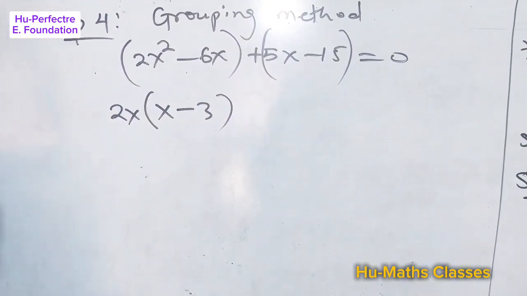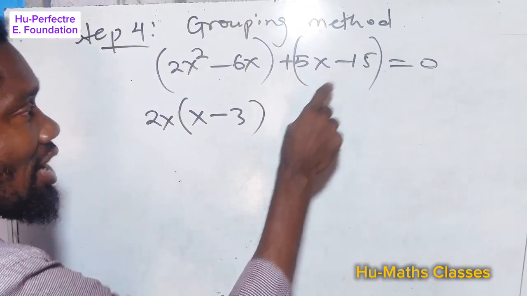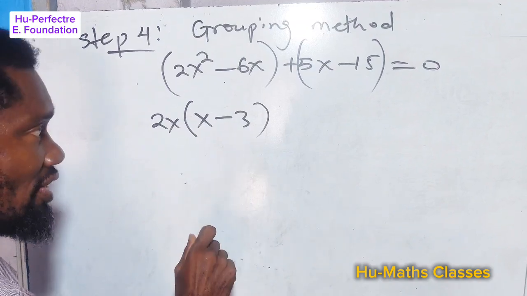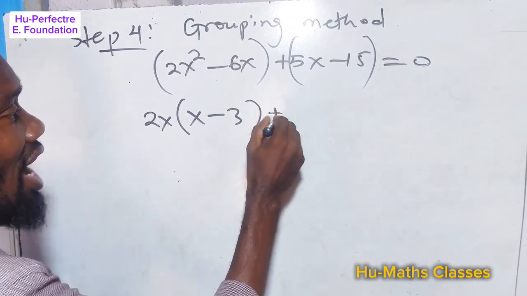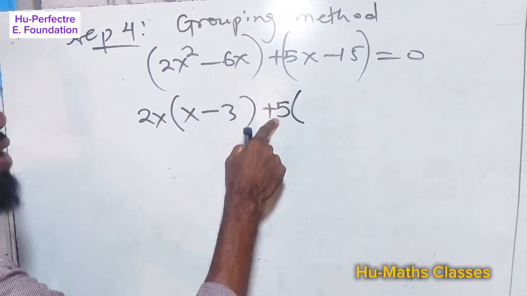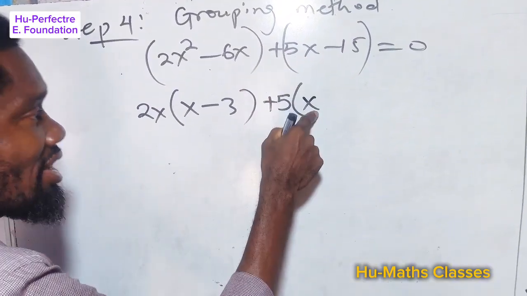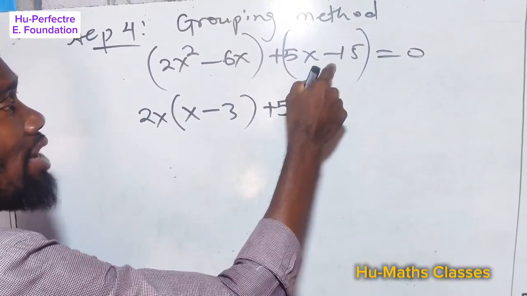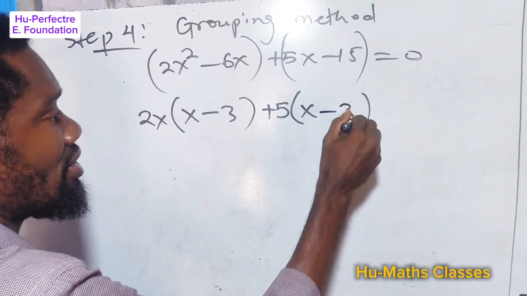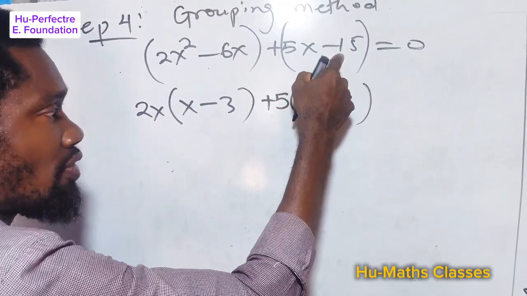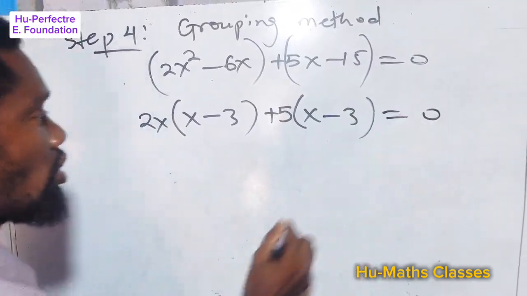You ask yourself, what is common between these two factors? What is common between them is 5. So bring out the 5 plus 5, open the bracket. 5 into 5x is x. 5 will cancel 5, you'll be left with x. Then plus 5 into minus 15, that will be minus 3. Plus 5 into minus 15 is minus 3, is equal to 0.